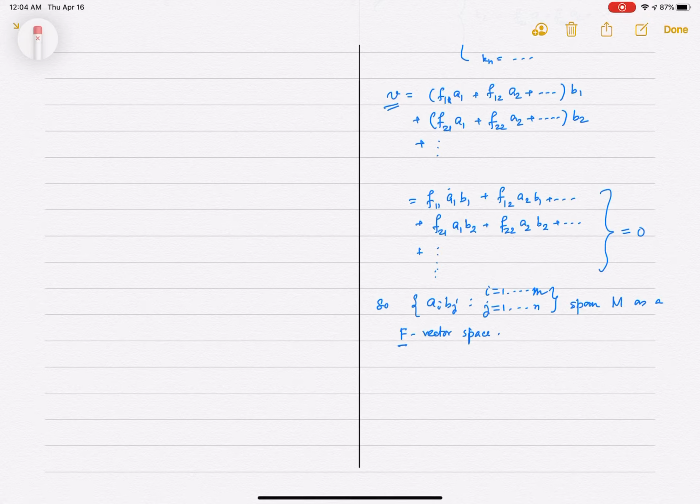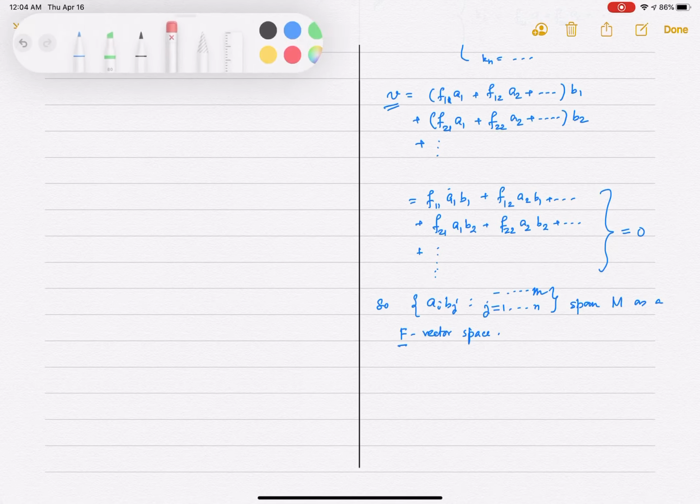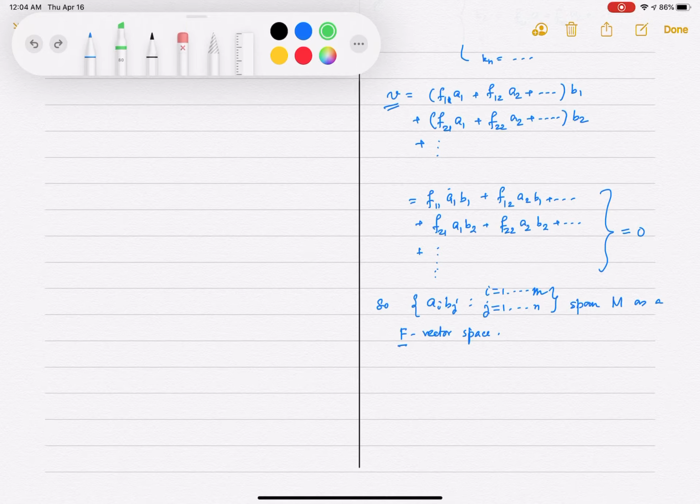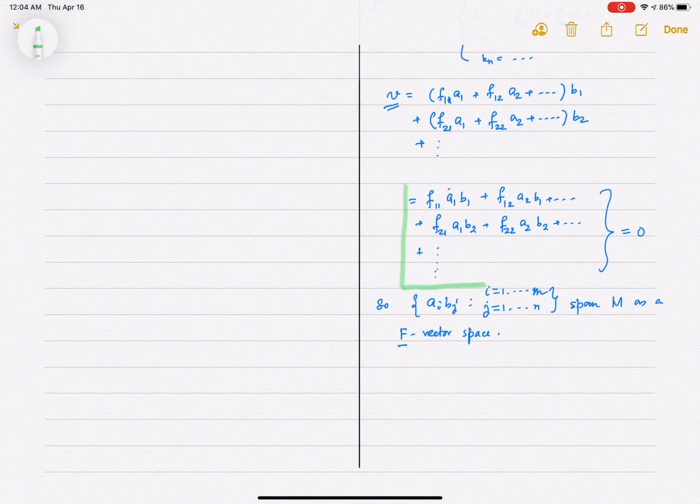But this big expression is the same as that expression. So because this expression is 0, you get that this sum is also 0.